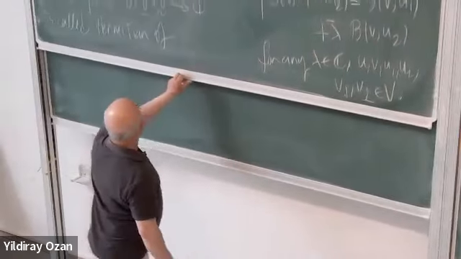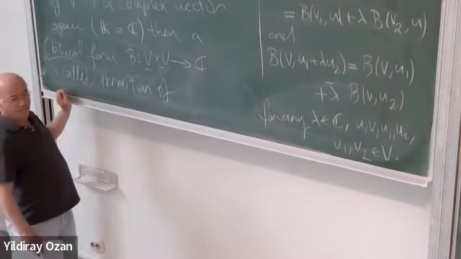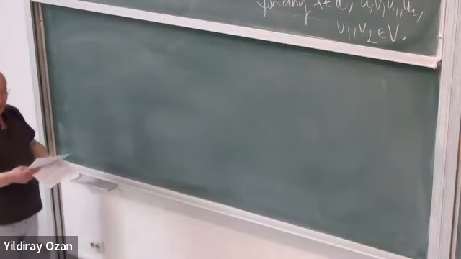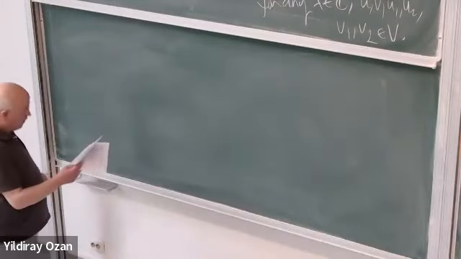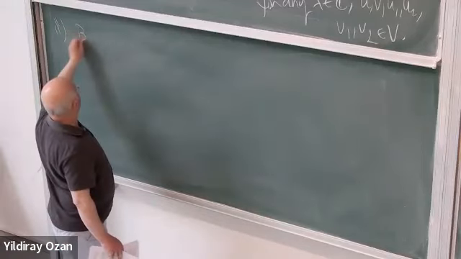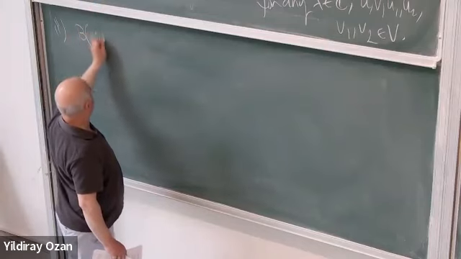That's why I write here, by English, it's not exactly so. Okay, and it is not symmetric. It is symmetric in the following sense. That's why we call it Hermitian.